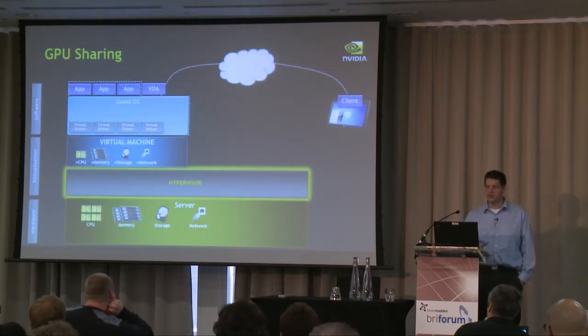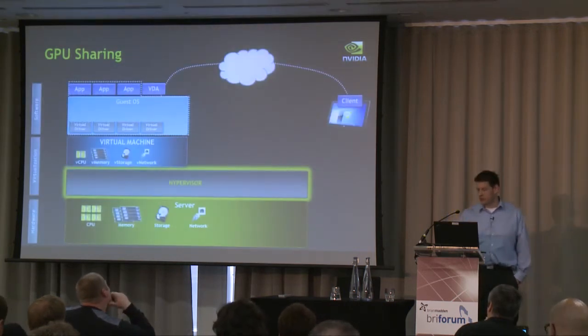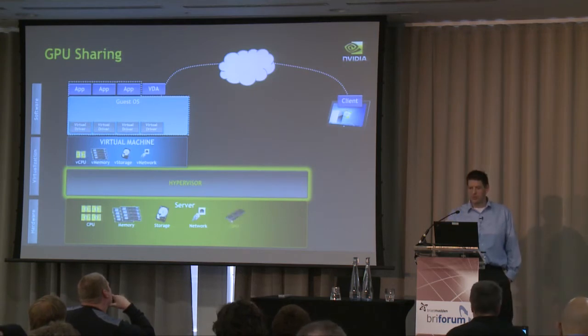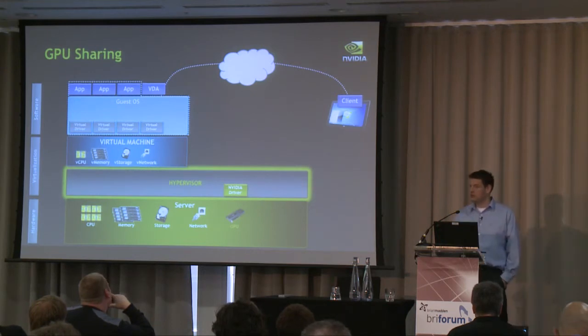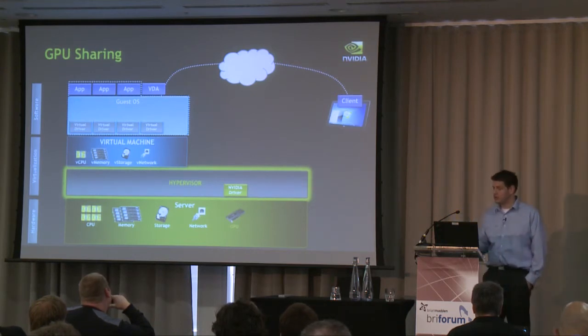Again, it starts off in a similar way. You have your server, you place a GPU in it. Now, instead of having a hole in the hypervisor, the NVIDIA driver actually lives in the hypervisor itself.